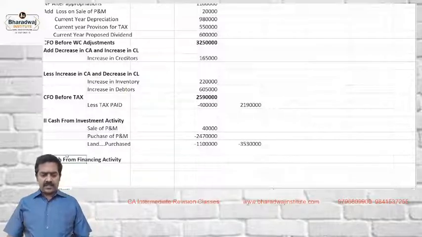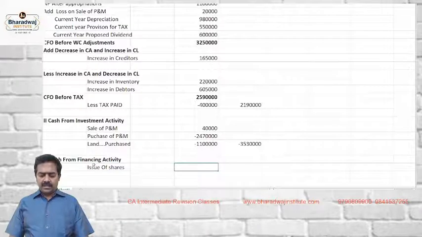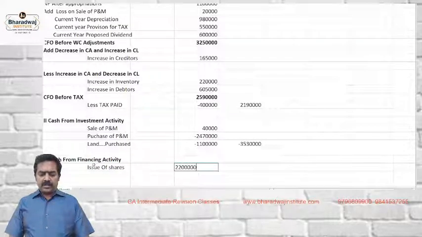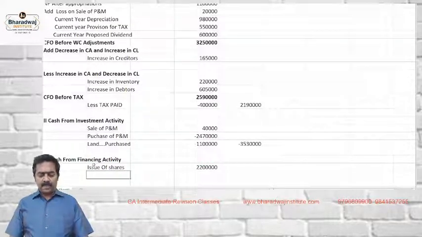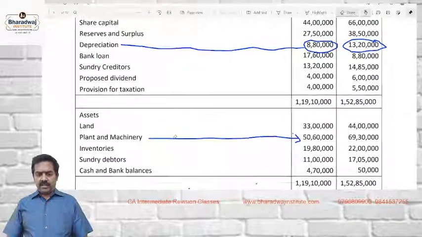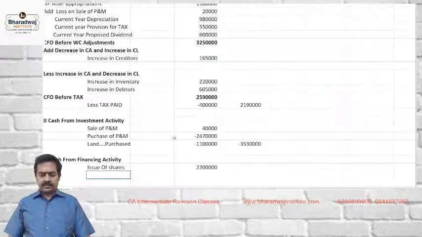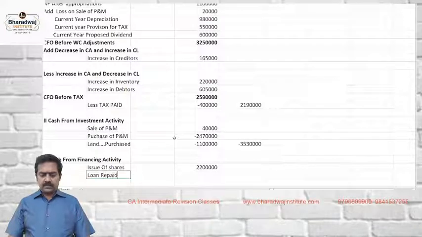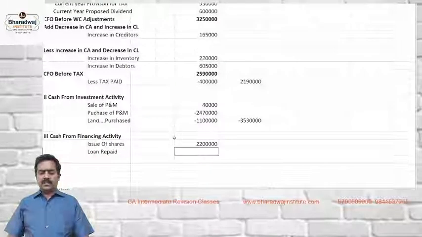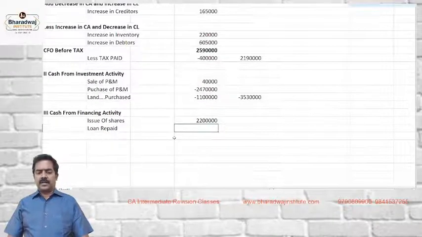Cash from financing activity. Issue of shares is mentioned in the problem, or you can check the balance sheets and take it. Issue of shares, how much? 22 lakhs. That causes inflow. Then loan taken or repaid? Loan repaid, the difference between opening balance and closing balance.